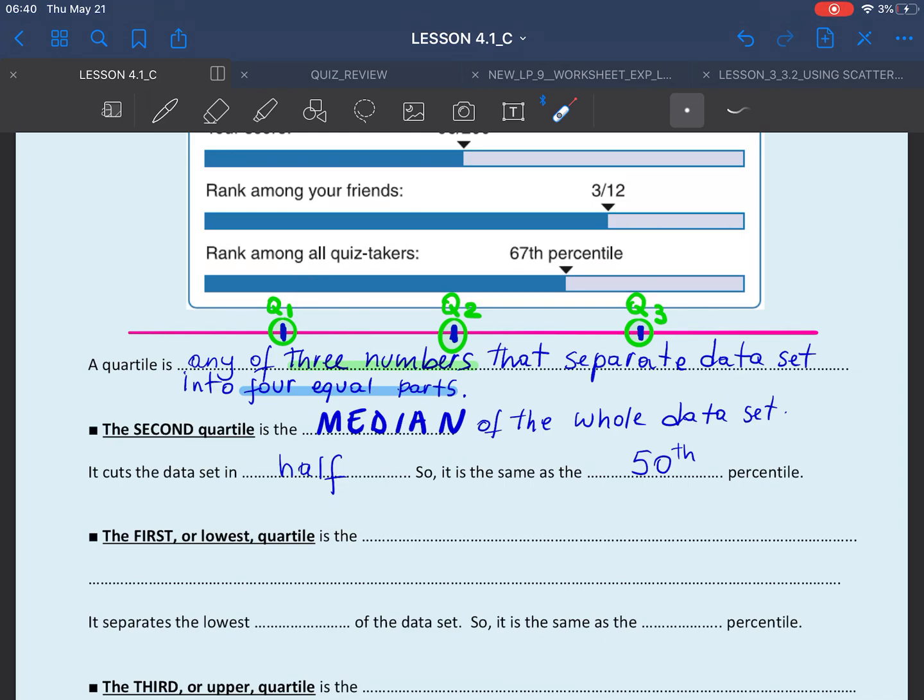Now, the first quartile, Q1, is also the lowest quartile and is again the median of the first half of the data set.